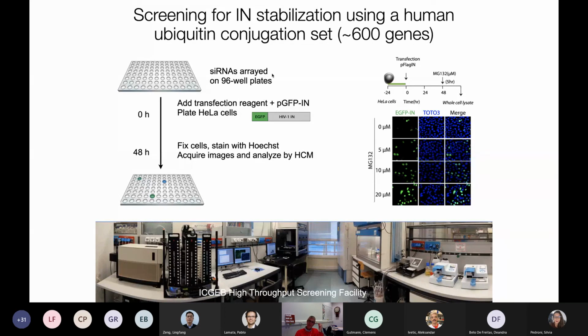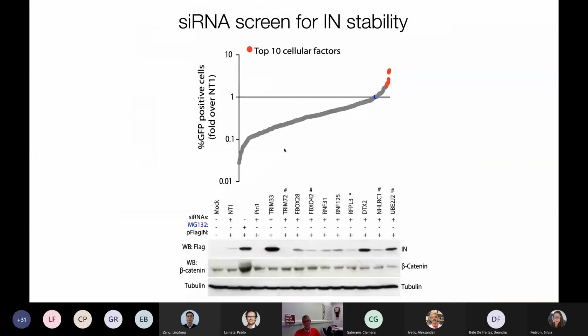And then these siRNAs were reverse transfected in 96-well plates, and then HeLa cells were plated and transfected with this GFP-fused integrase. And then the screening was for siRNAs that render fluorescent integrase more present than in wild type conditions.